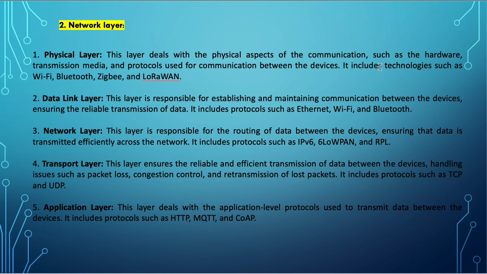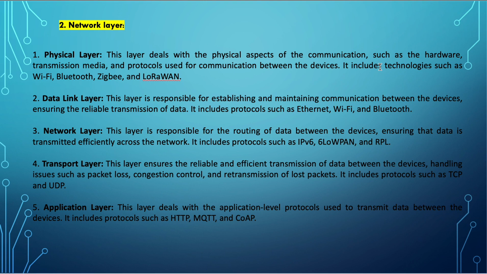Because if you are thinking about a smart home, one Wi-Fi router is more than enough to carry out all the communications between IoT devices inside a home. But if you take a factory, that's a different story. So we will talk about why these dedicated protocols are there for IoT devices.